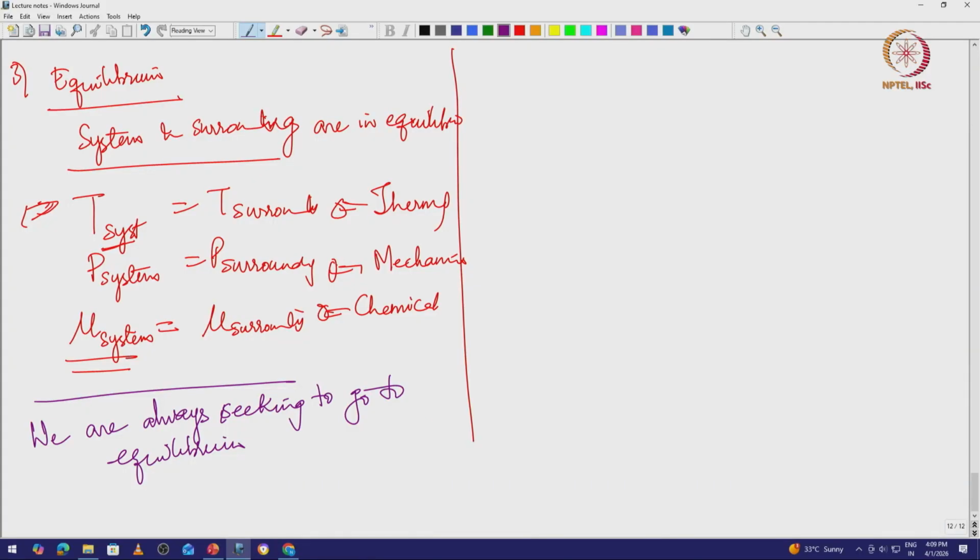Okay, fine. Let us define something else. There are many thermodynamic variables, the state variables essentially. I am going to classify them as extensive variables and intensive variables.